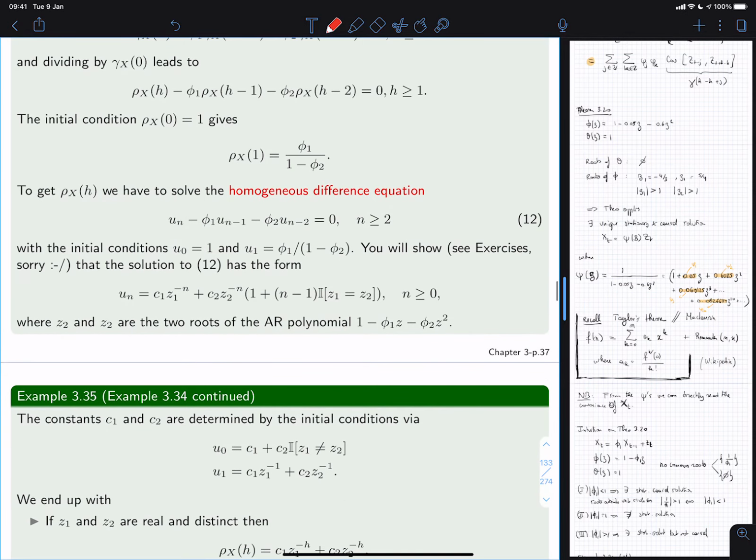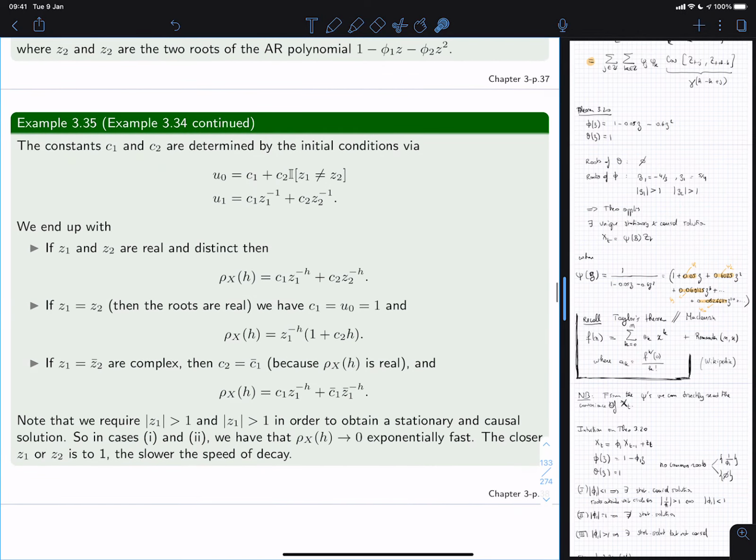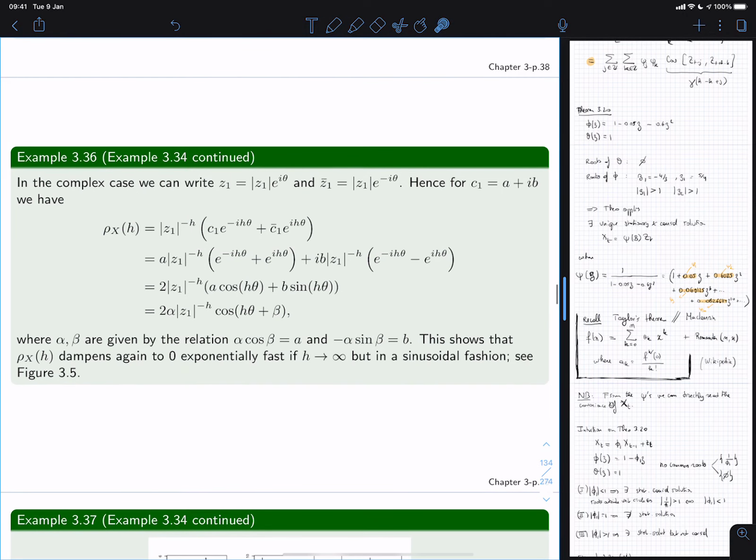Okay, I'll let you do this. Yeah, I'd forgotten that I put it in the exercises. So it's one of the exercises, and you will get these neat expressions.